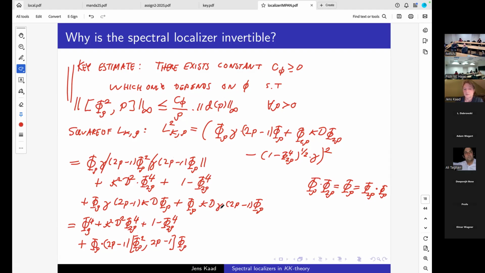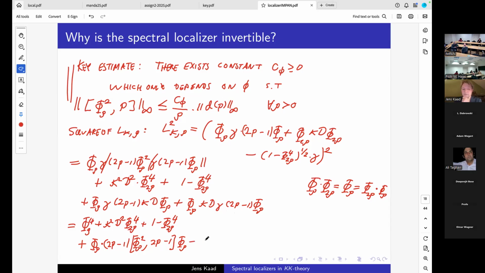Then I have this error term down here, but you see that on one side, d is to the left of gamma, and on the other side, d is to the right of gamma. And d anti-commutes with gamma. So I can put these two terms together and get just a quantum derivative of p.